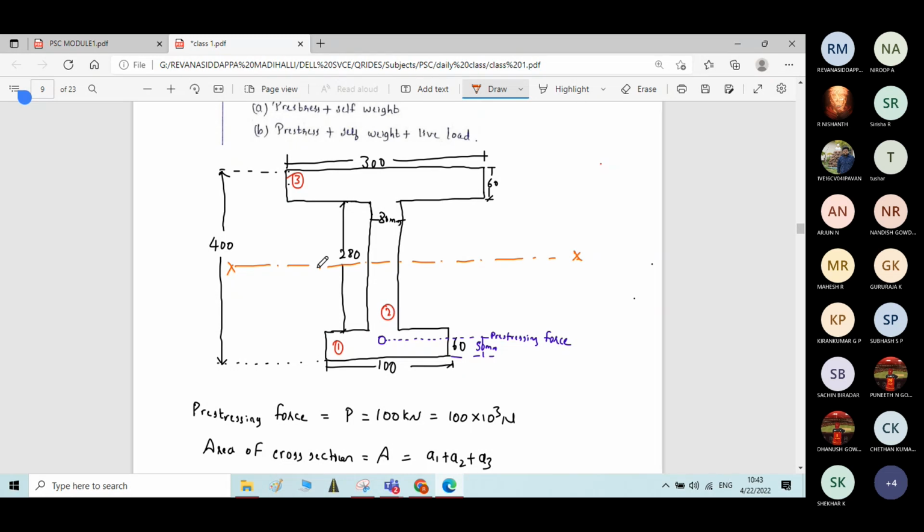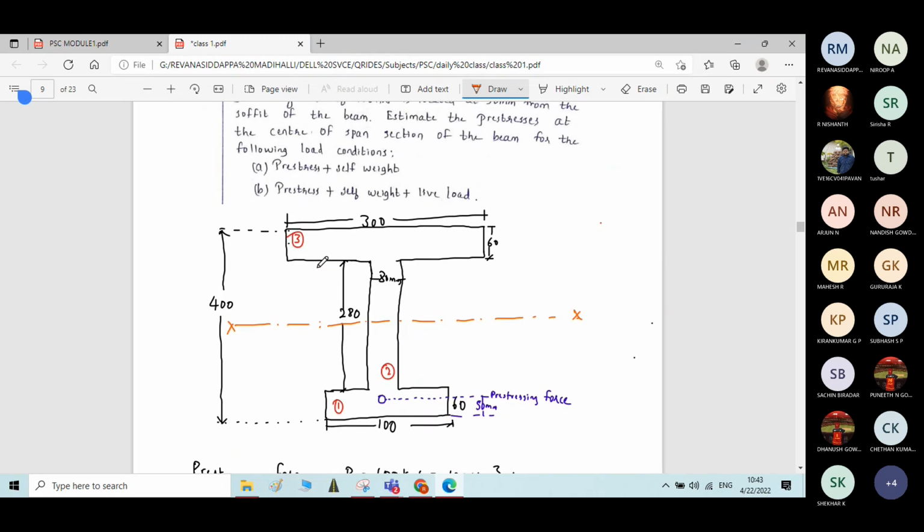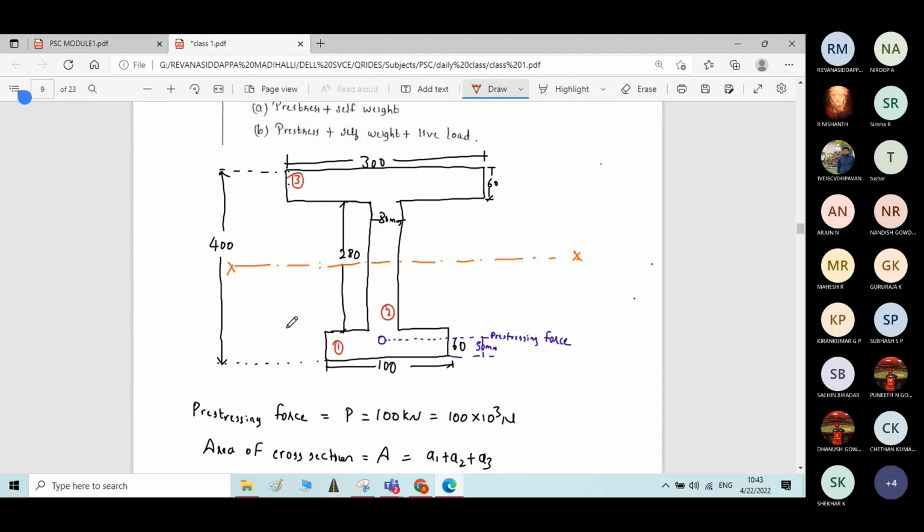In the previous case, it was a rectangle, and the centroidal axis distance y was directly d by 2, but in this case, it is different. YB will be different, the distance of centroidal axis from the bottom fiber. If it is a rectangle, it is directly total depth divided by 2.